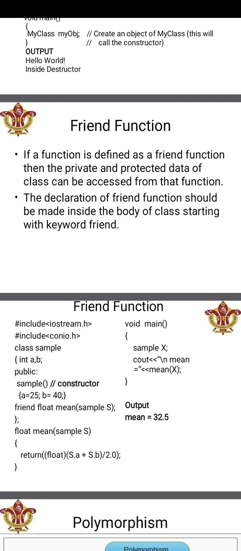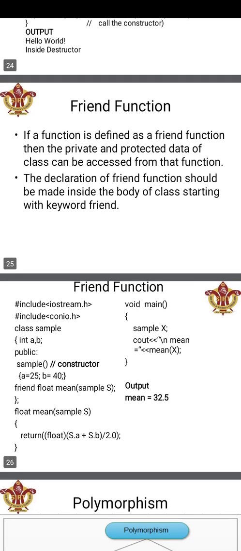The reason is there are certain scenarios when we are required to access the private and protected data of more than one class. For example, suppose I have an employee class. Now an employee can be someone working in a company, a scientist, a teacher, any government officer, and so on.